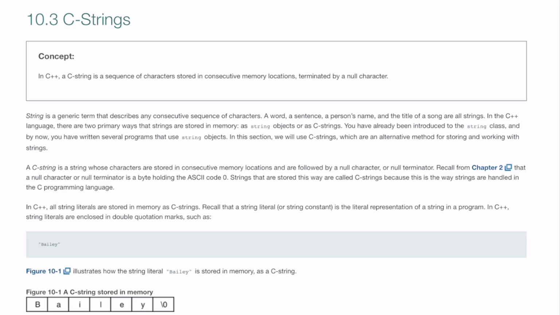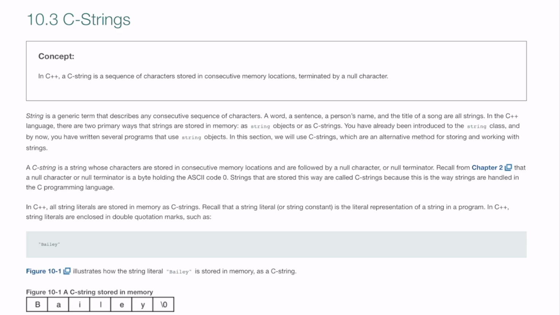Here, with a C string, it is not the new line character, it is the null character. And again, that has its roots in C as opposed to the string, which was an add-on that came along with C++.